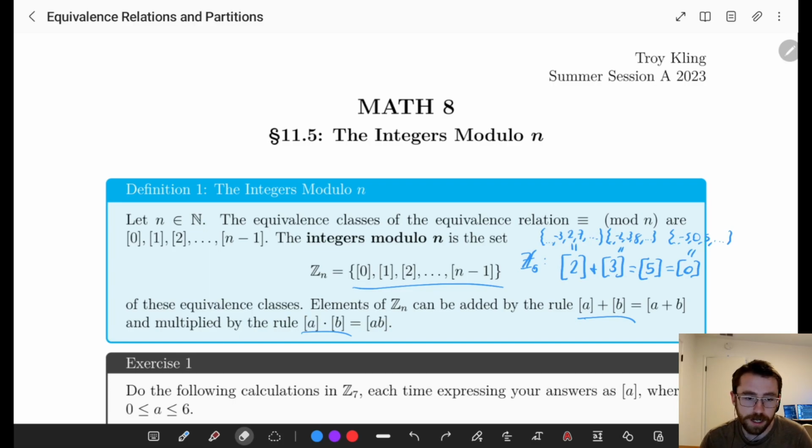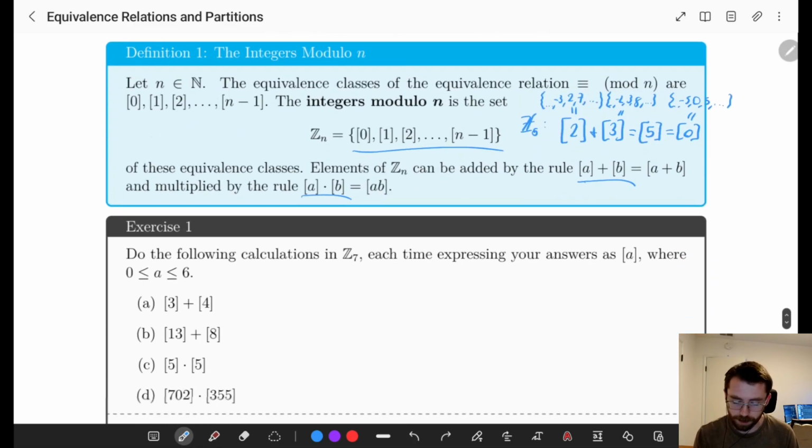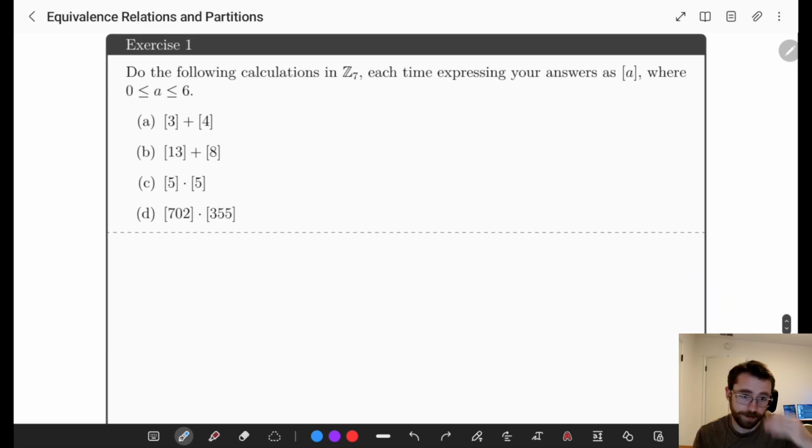In any case, this is effectively a partition of the integers into n equivalence classes under the equivalence relation congruence mod n. It's a very powerful thing that'll come up in so many future math classes.